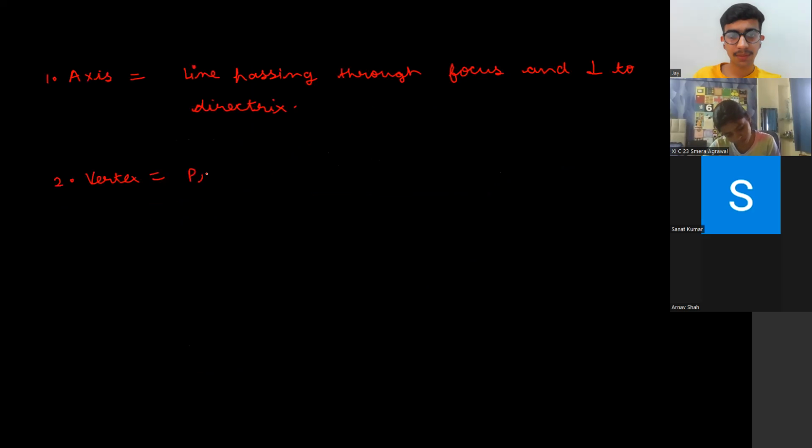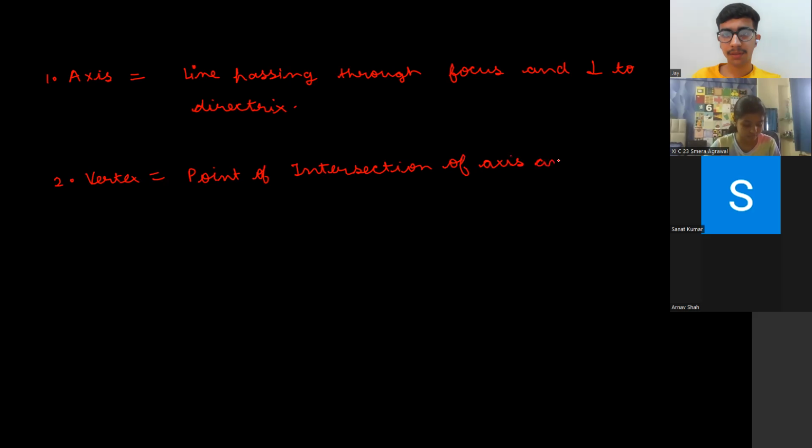So vertex is point of intersection of axis and parabola. We have to get familiar with all of these terms.